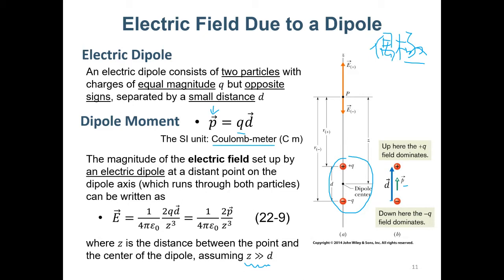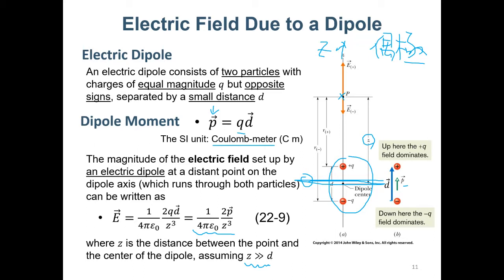Imagine the axis has a 0 point here, pointing in the upward direction. This is the z-axis, and the point here has a distance z from the origin. So the electric field at this point is something like this.